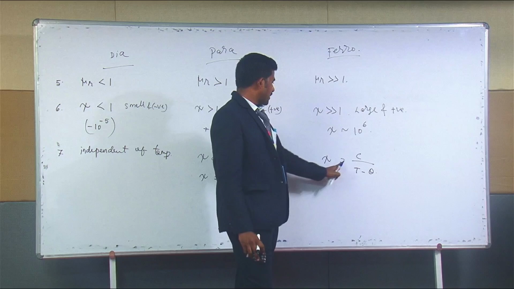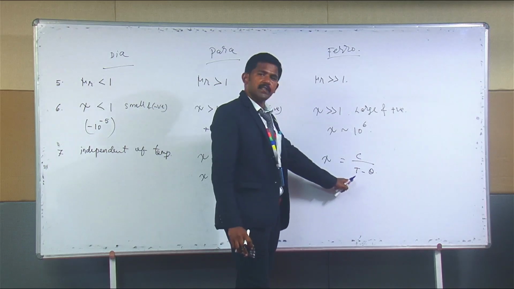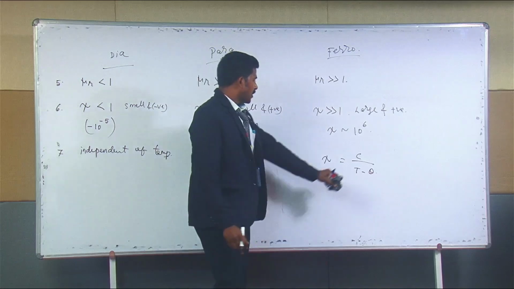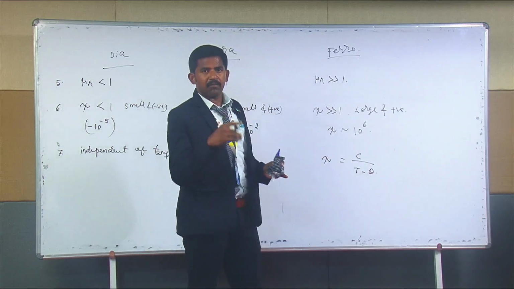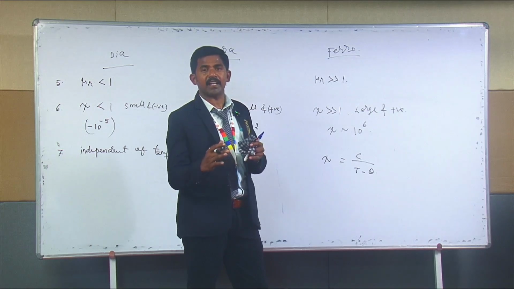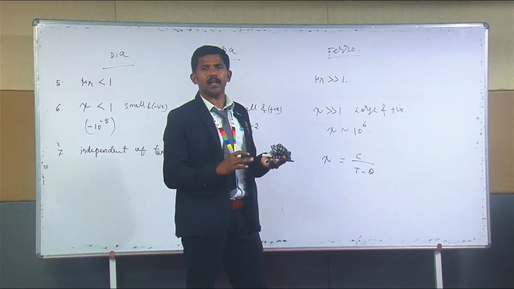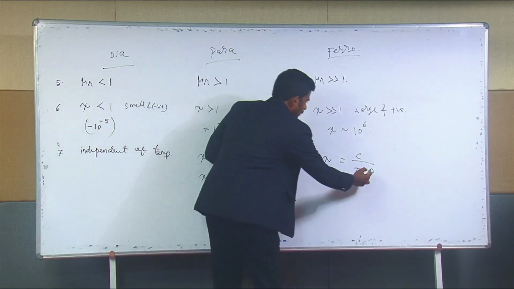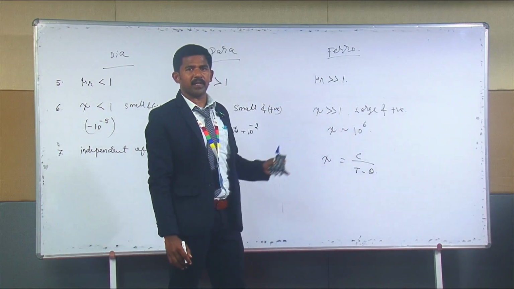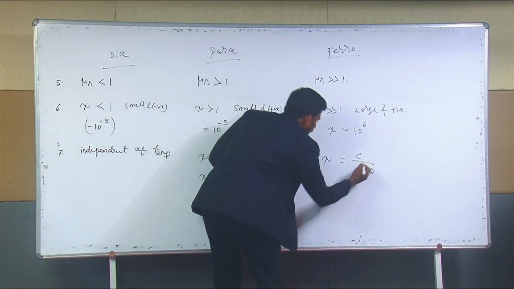Chi is the susceptibility, C is the Curie constant, T is the absolute temperature, and theta is the Weiss temperature. Depending upon the theta value, we can identify whether the nearest neighbor atoms are aligned parallel or anti-parallel. This is the case for ferrimagnetic as well as antiferromagnetic also. So here theta plays the role.